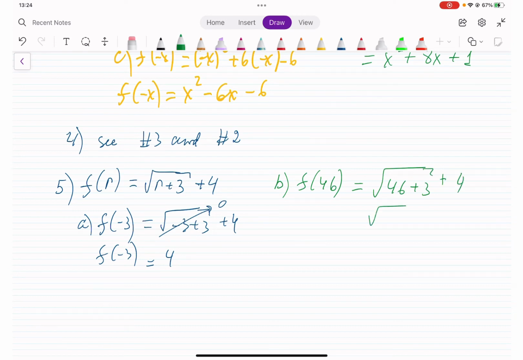So we are getting 49 plus 4. And this is equal... Square root of 49 is 7. And plus 4, and we are getting 11.